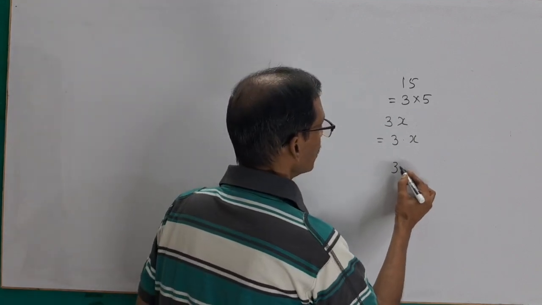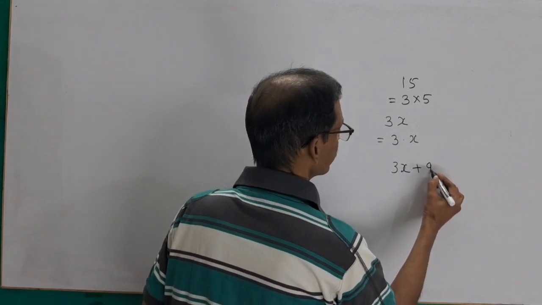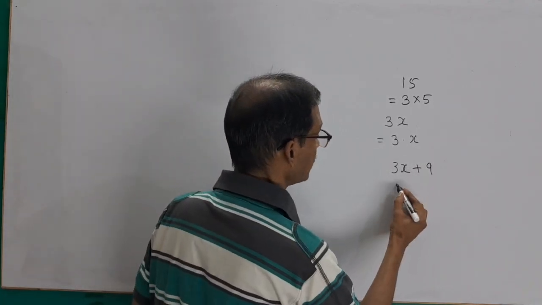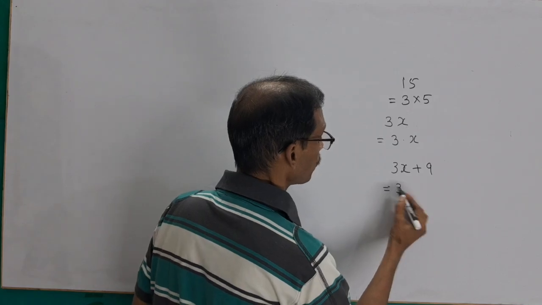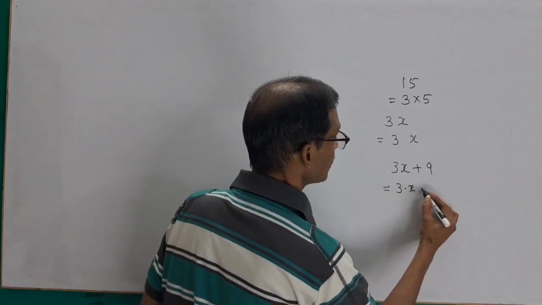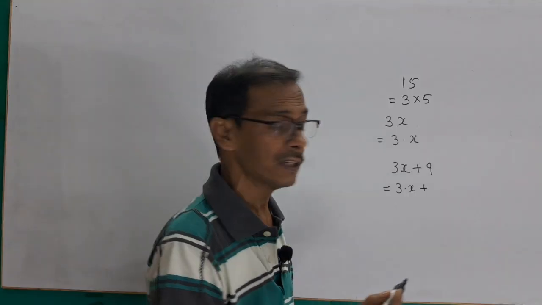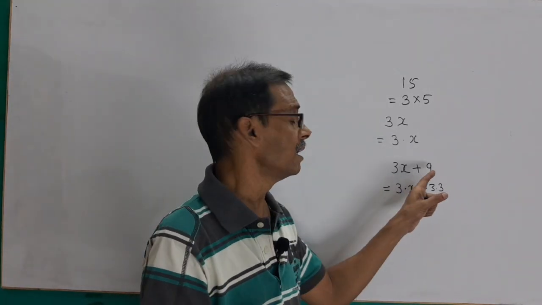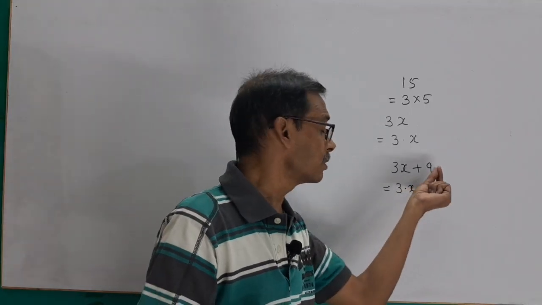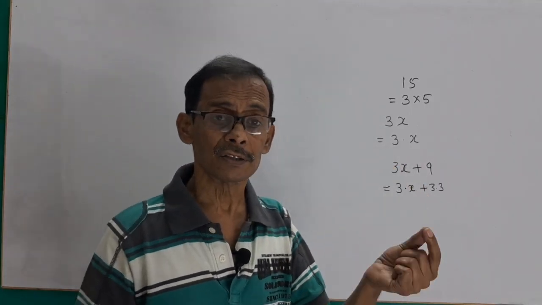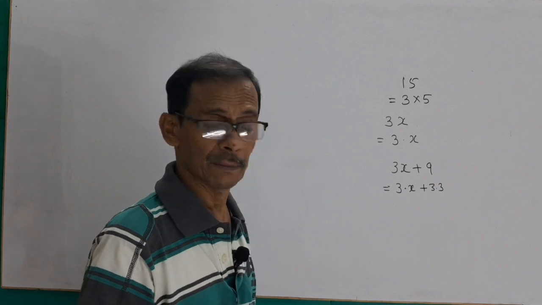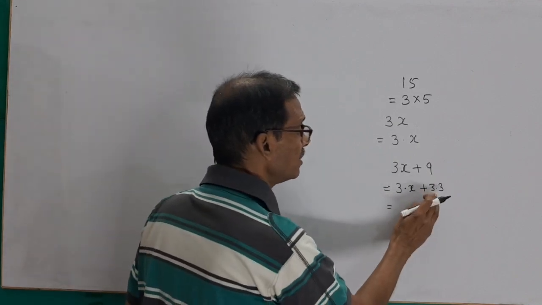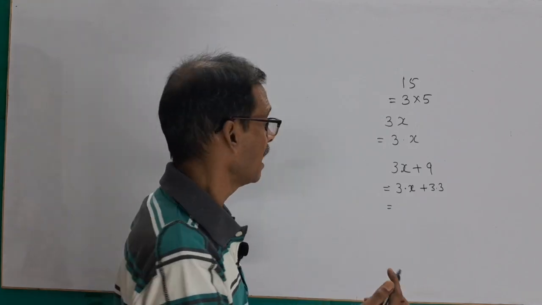Similarly, if you see 3x plus 9, then what are you doing? 3x, that means 3 into x, and this 9, you can break into 3 into 3. What I did? I broke the 9 into its prime numbers. Now, you find 3 is common here and 3 is common in the other term as well.